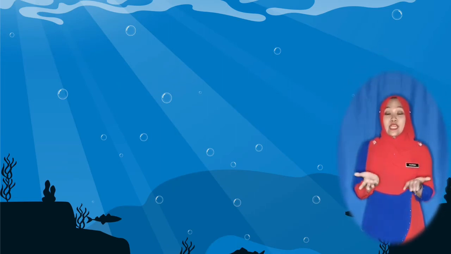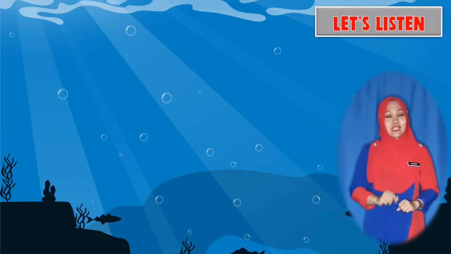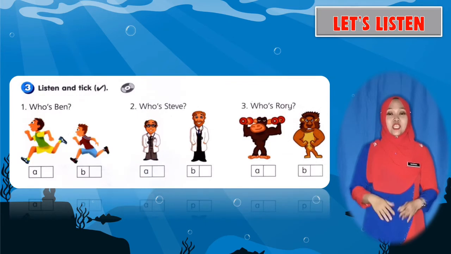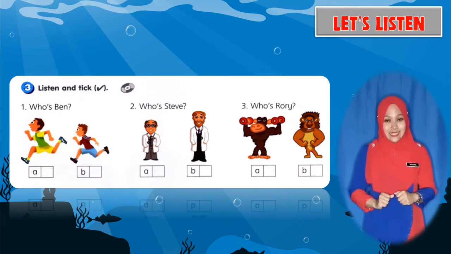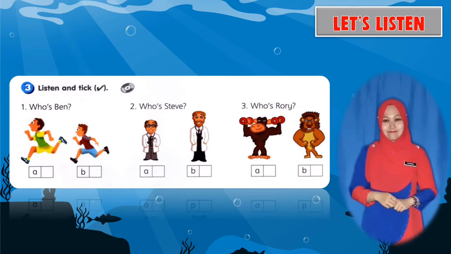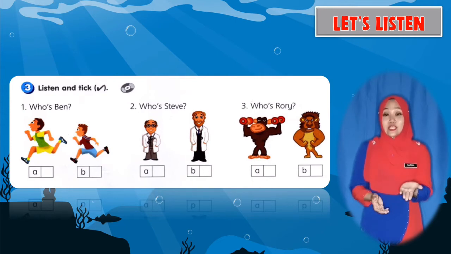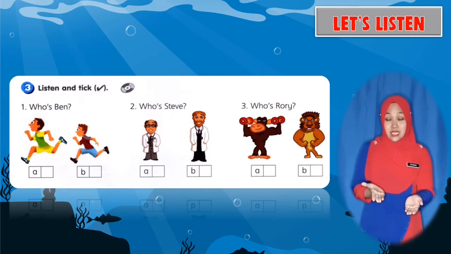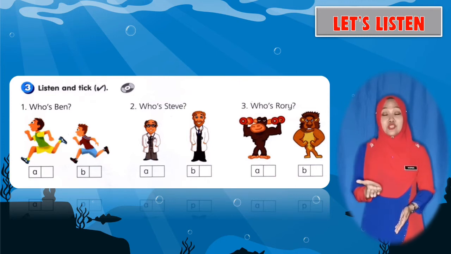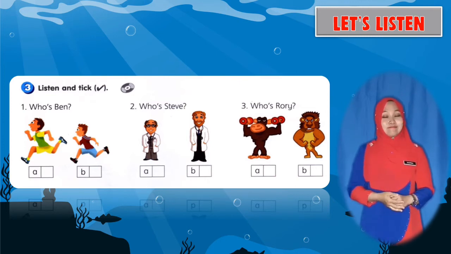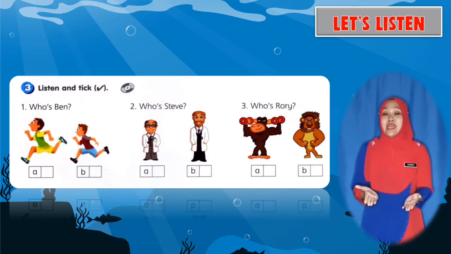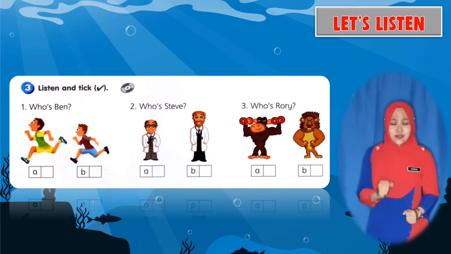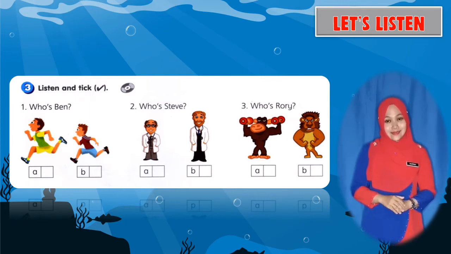I want you to look at the first picture in activity number 3 on page 97 of your Get Smart Plus 3 book. Please listen to the description and try to choose which picture is the correct answer, either picture A or picture B. Ben is faster than Jack.